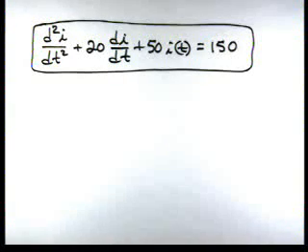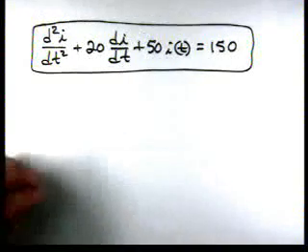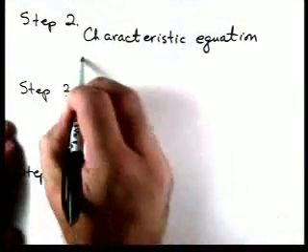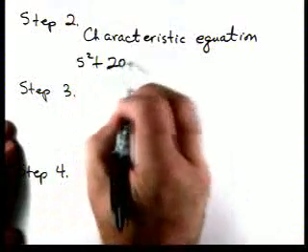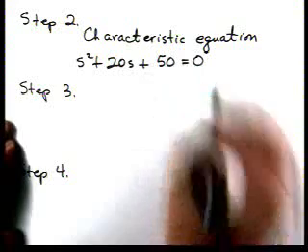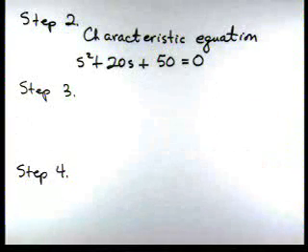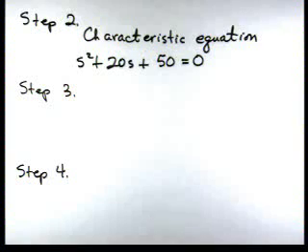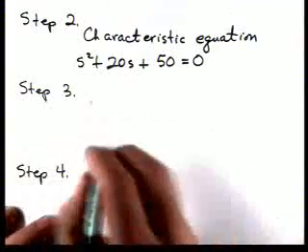Now, step 2 says develop the characteristic equation. The characteristic equation is going to be s squared plus 20s plus 50 equal to 0. We'll look at our response in a second, but first we need to find the roots.